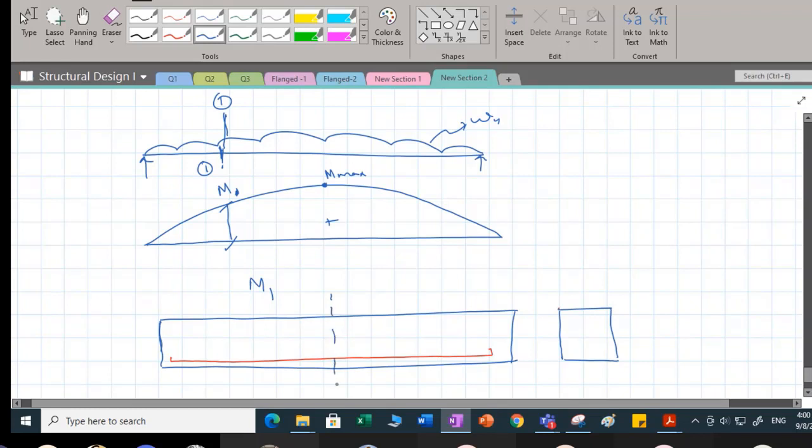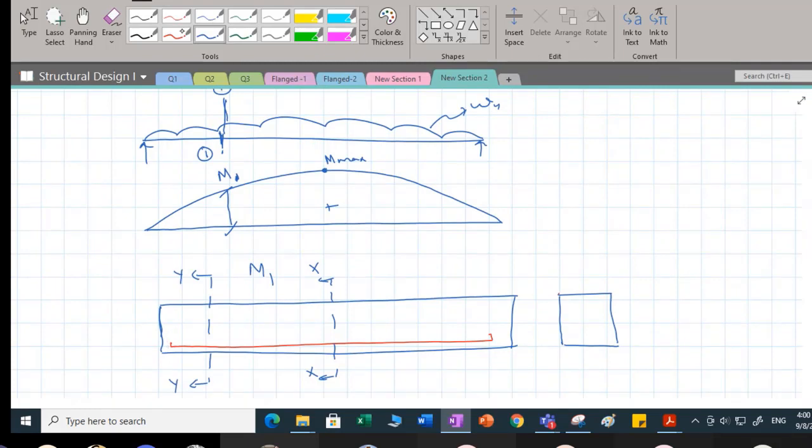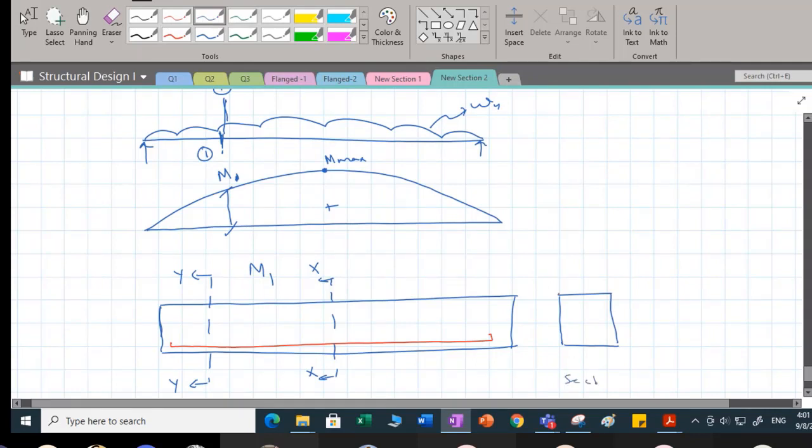This is the section at XX, at mid span, and this is my section YY. I have placed 1 bar here, and the same bar I can see here. Again I am placing 1 more bar, because this is the front view which I am showing you.